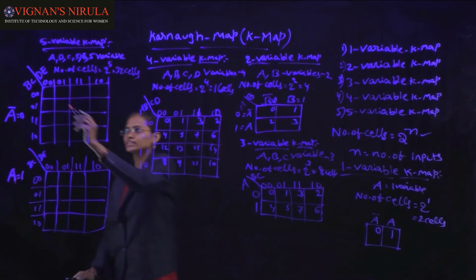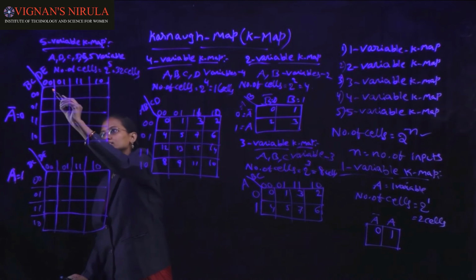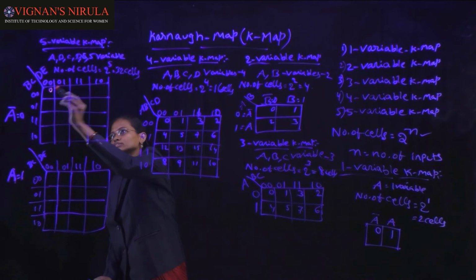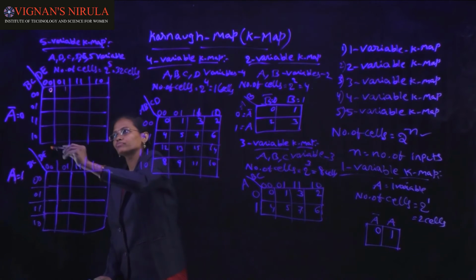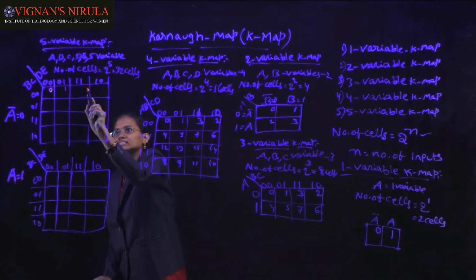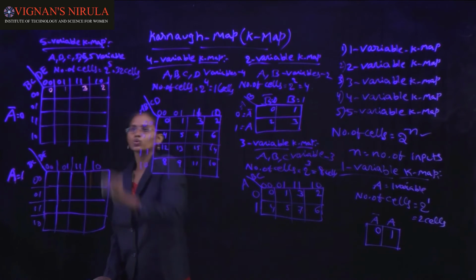Here how to detect the decimal numbers? 0 0 0 0 0, this cell is 0. And next 0 0 0 0 1, this is 1. And next 0 0 0 1 1 is 3. And 0 0 0 1 0 decimal number is 2.